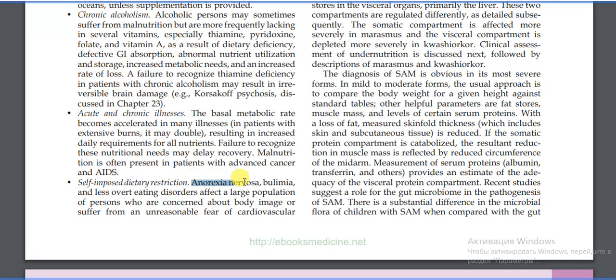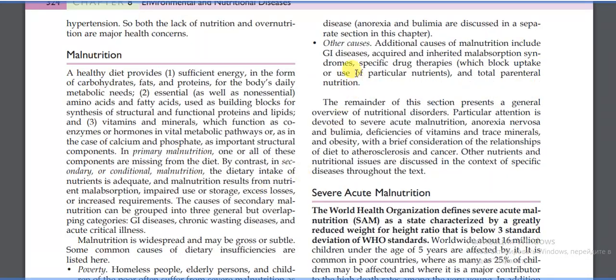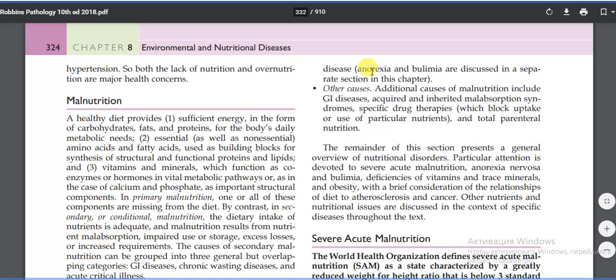Then self-imposed dietary restrictions. We have anorexia nervosa, bulimia, and less often overeating disorders, which affect a large population of persons who are concerned about body image or suffer from an unreasonable fear of cardiovascular disorders. About anorexia and bulimia, we have a separate section here. And we have a lot of other causes, including gastrointestinal diseases, which cause malabsorption, and this we'll discuss too.